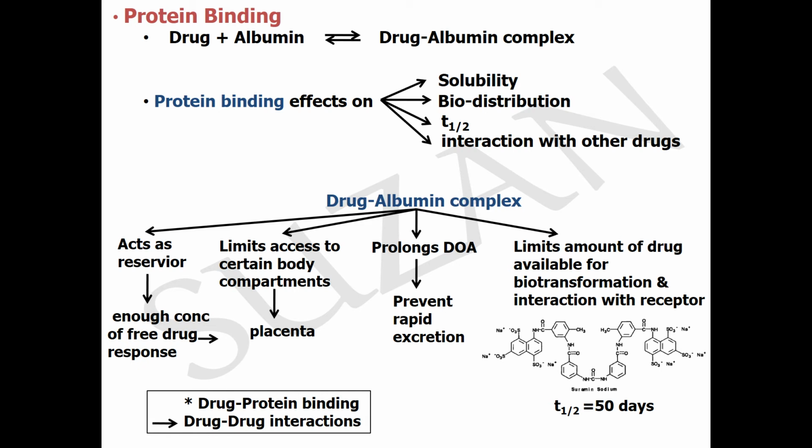Drug-protein binding can also affect drug-drug interactions, and the example here is warfarin. These drug-drug interactions result from the ability of certain drugs to displace other drugs from the binding site on albumin. An example is the anticoagulant warfarin.